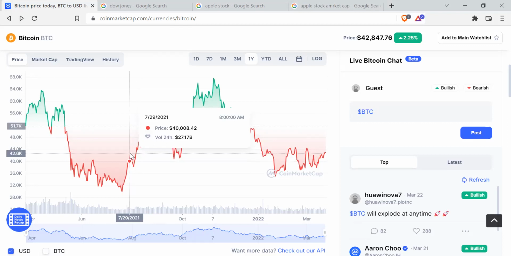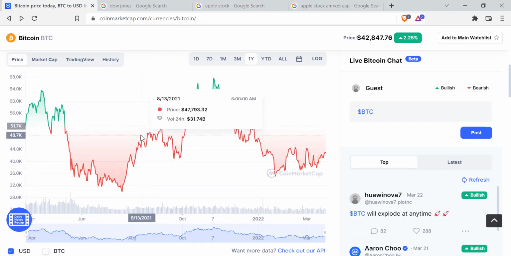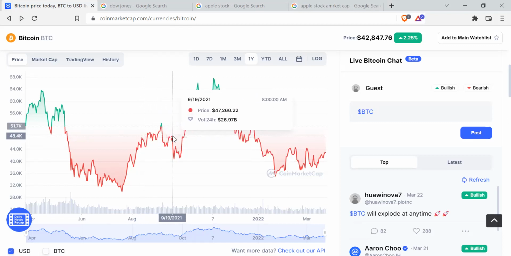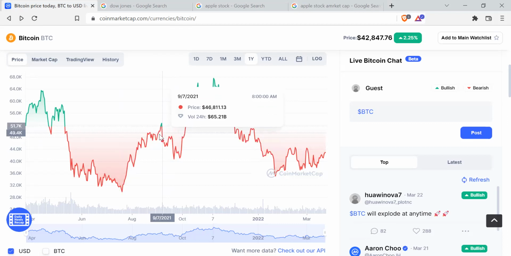So you might think it's just a consolidation. It might just come down again, and yeah, it comes down a little bit, but it gets pumped again, and it starts to consolidate. Oh, we are at a new level. We are no more at 30K. We are actually at 48K. Wow, that's more than a 15K increase in the range, right? So it suddenly happened. By the time it happens, it's already over, right?